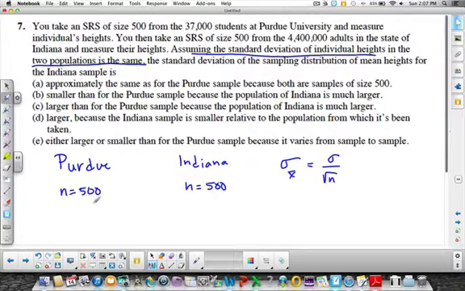So we would use the same sigma for each of those. Here I would divide by the square root of 500. Here I would divide by the square root of 500, which tells me that the standard deviations are about the same for each sampling distribution. So the correct answer for number 7 is A. They're approximately the same because both have samples of size 500.